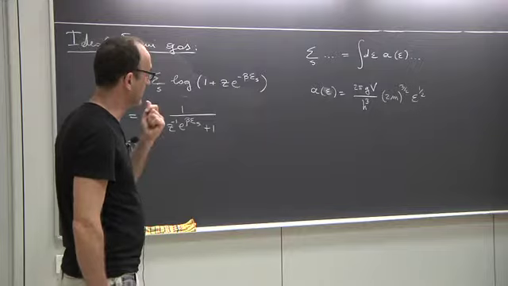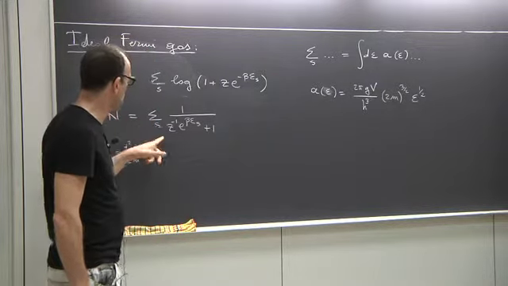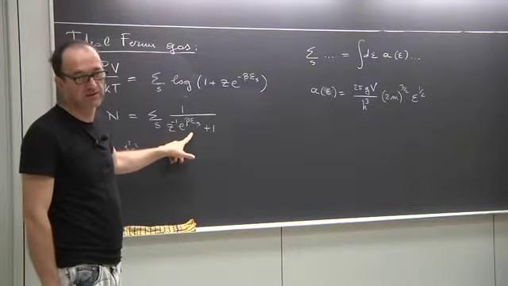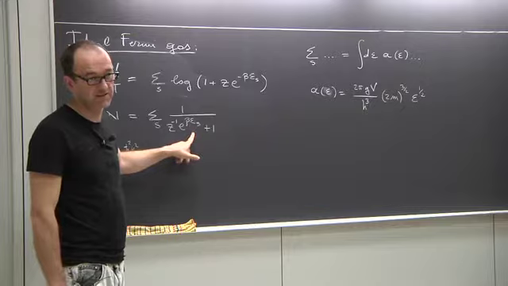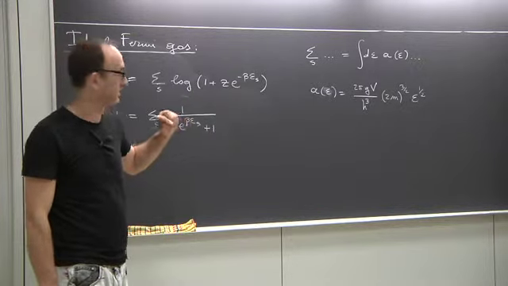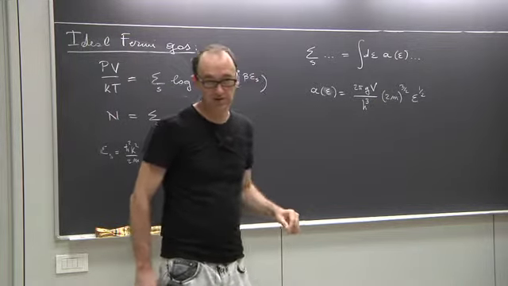Now the other thing is that the number of particles in each energy level for a Fermi system can be at most 1, okay? Or it can be, in this case, at most G, okay?